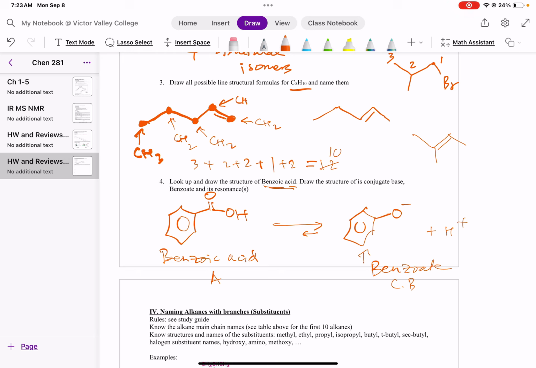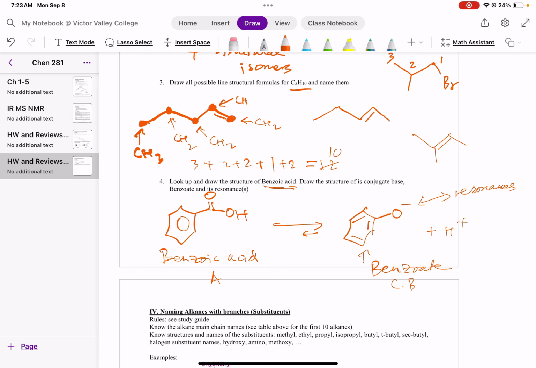Now, resonances. That's going to be fun. Okay. Now I'm going to go ahead and erase the circle because to do benzoate resonances, it's better to show the double bonds.